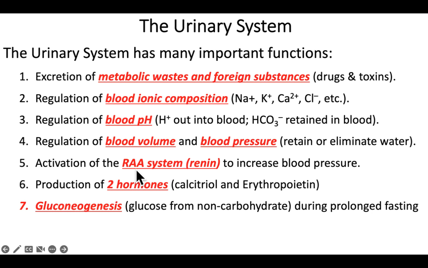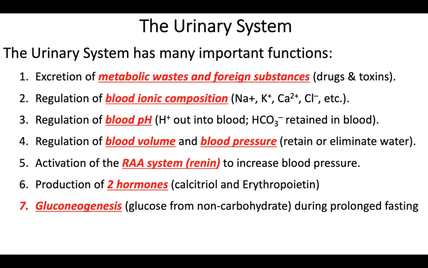So kidneys trigger that system by releasing renin. And remember, renin is going to ultimately result in angiotensin production, which vasoconstricts and increases pressure, and aldosterone, which retains sodium and water. So again, very close connection with regulating blood pressure.